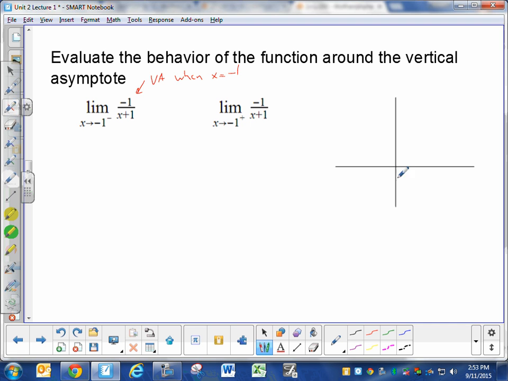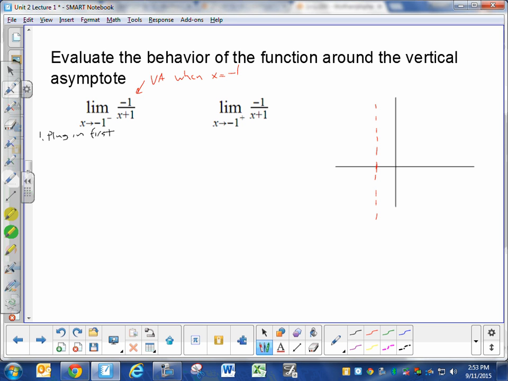So immediately I can just do negative 1, go with that guy. But now we have these limits set up so that we can evaluate the behavior of my function around this vertical asymptote. And this is what I'm going to do. Typically, when I ask to find limits, I just go ahead and plug it in. Right?